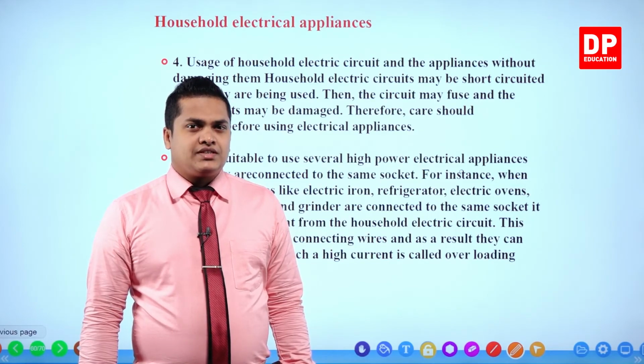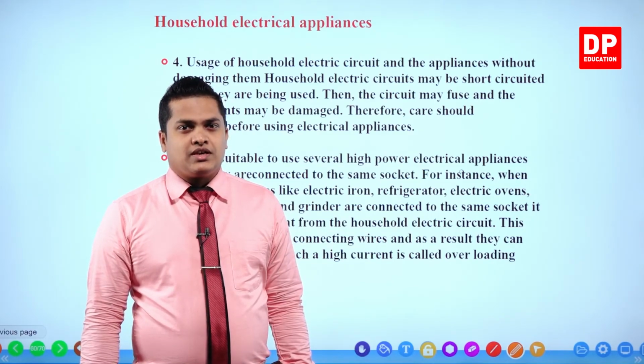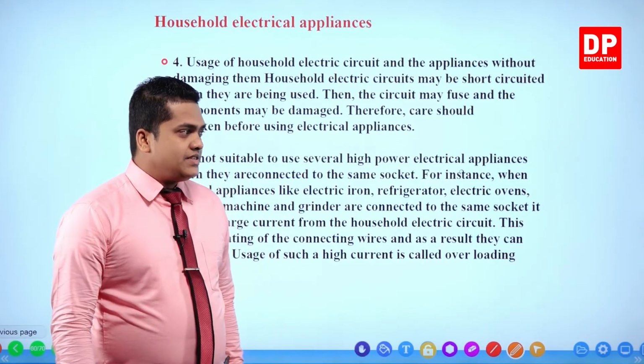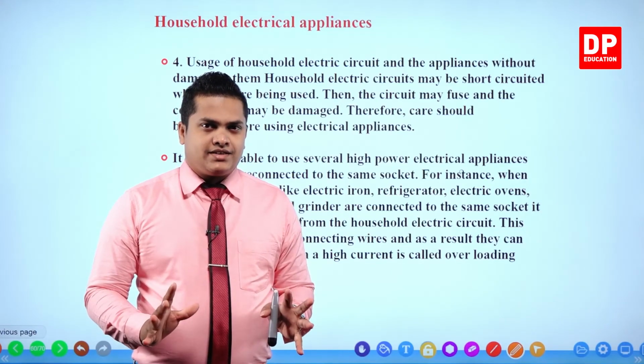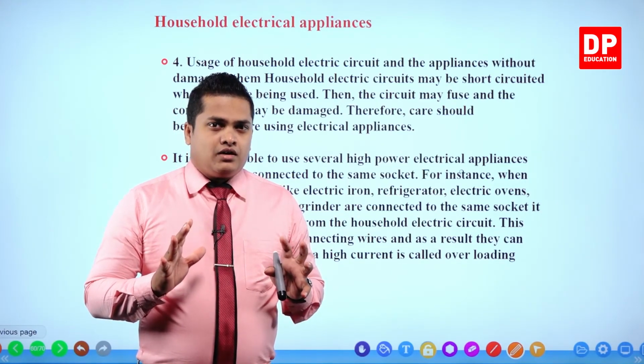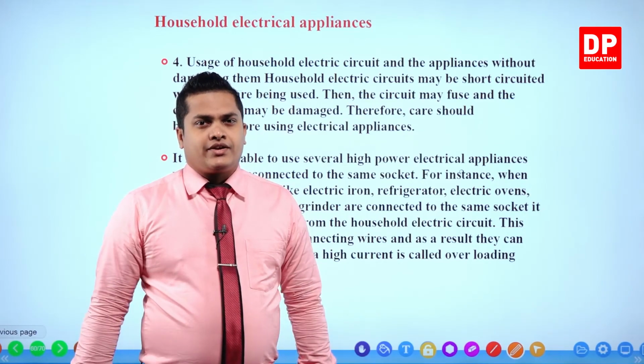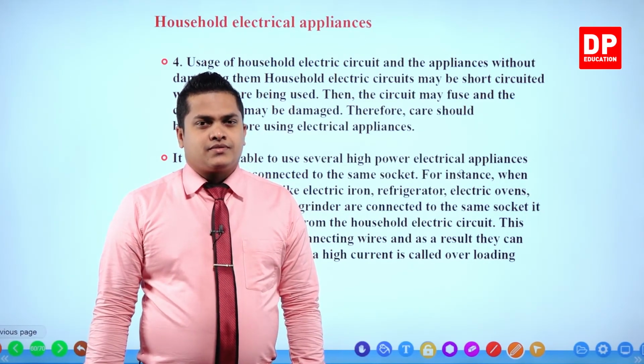Don't plug those things into the same plug pin by using a multi-plug. Right then. So these are the special things that we need to follow when we are selecting and using these household electrical appliances.